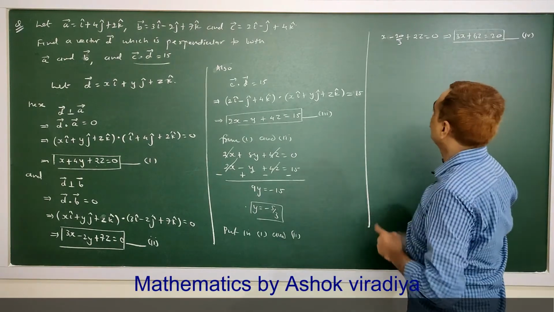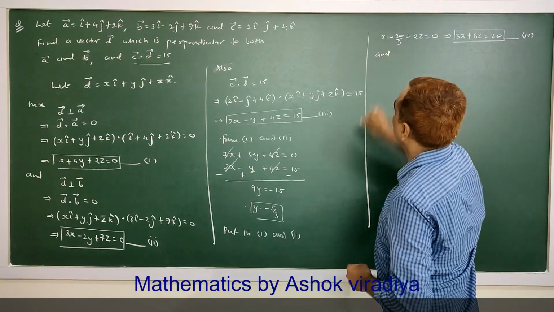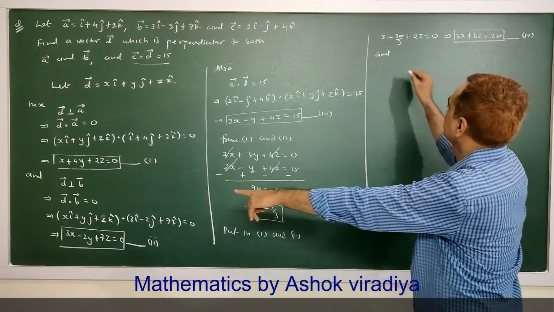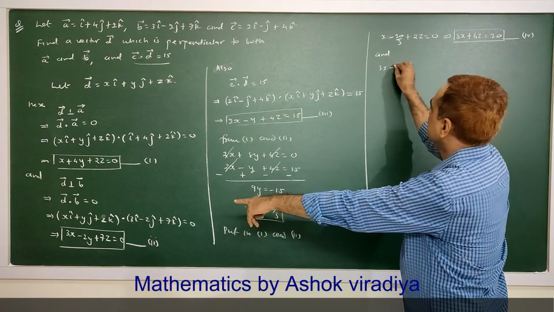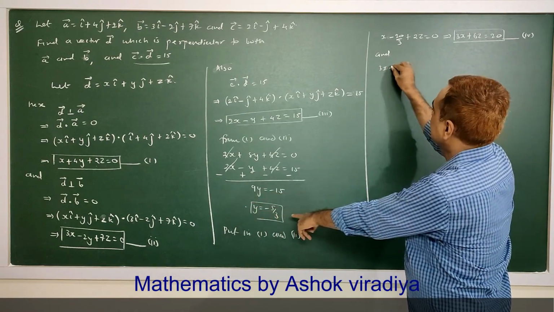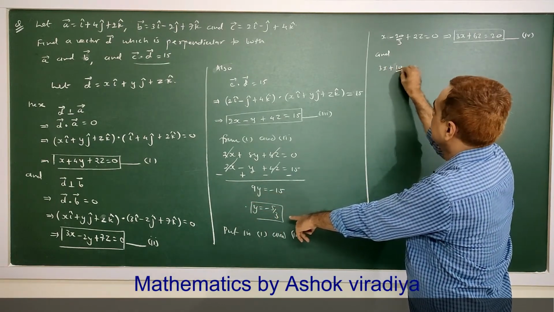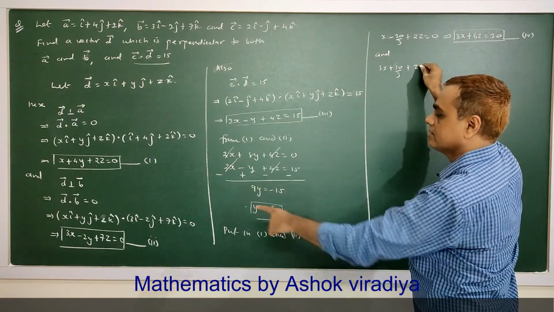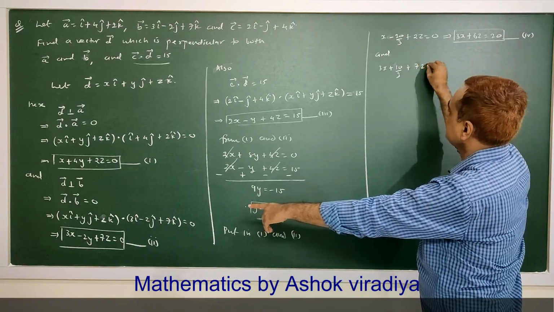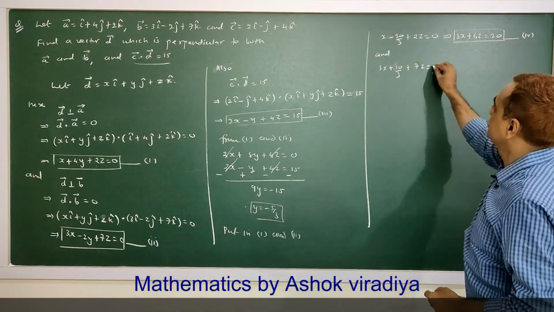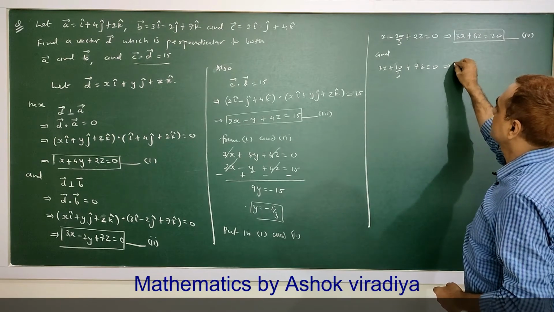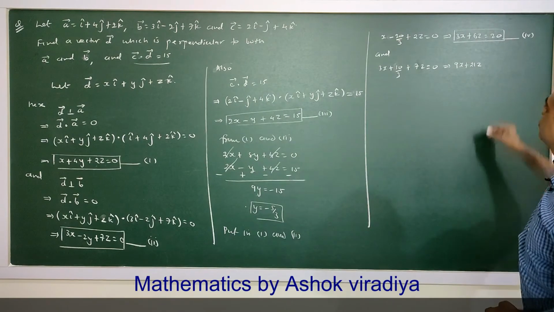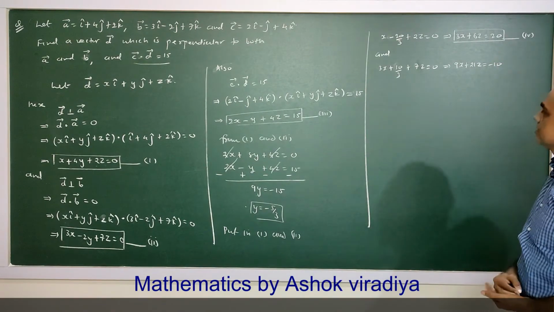Now we put the value of y in equation 2. 3x minus 2 into y, which is minus 5 by 3, that is plus 10 by 3, plus 7z equal to 0, that is 9x plus 21z equal to minus 10.